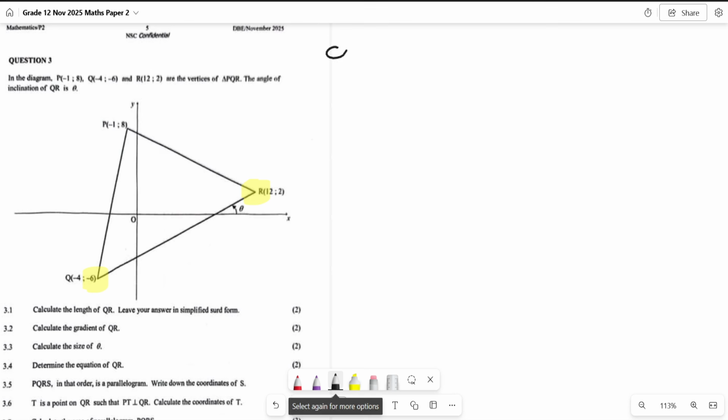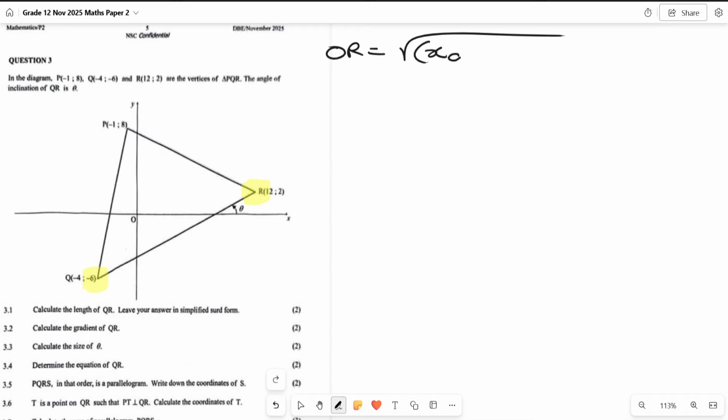So QR is equal to the square root of, let me not say x2, let me just say x of Q minus x of R, squared, plus y of Q minus y of R, squared. It's the same thing even if you write 1 and 2.